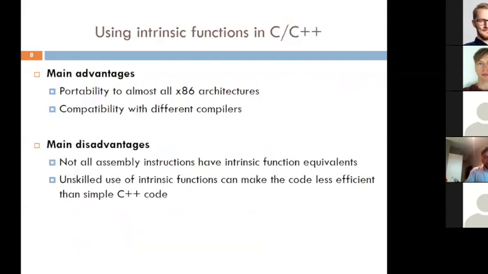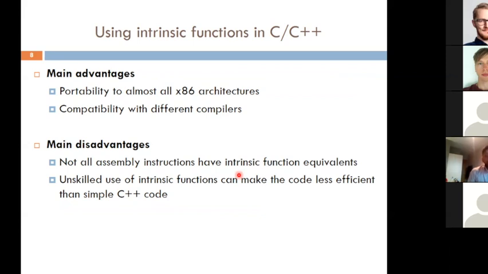The next one is using intrinsic functions, which are like assembly-coded functions. The main advantage of using intrinsics is that they have portability to almost all x86 architectures, and are also compatible with different compilers, Intel, GCC, and others. But there are some downsides as well.